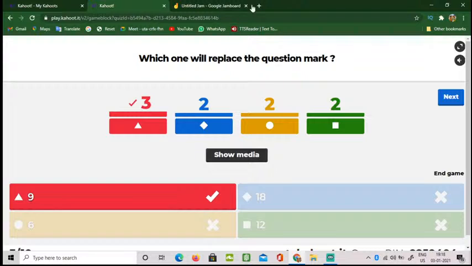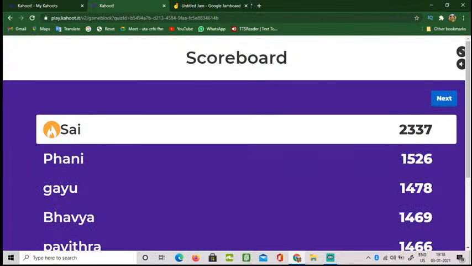The answer is 9, and most of them have gone wrong. No problem, you can try the next one. So Sai is still in the first and Funny is in the second. There is no change in the scoreboard.